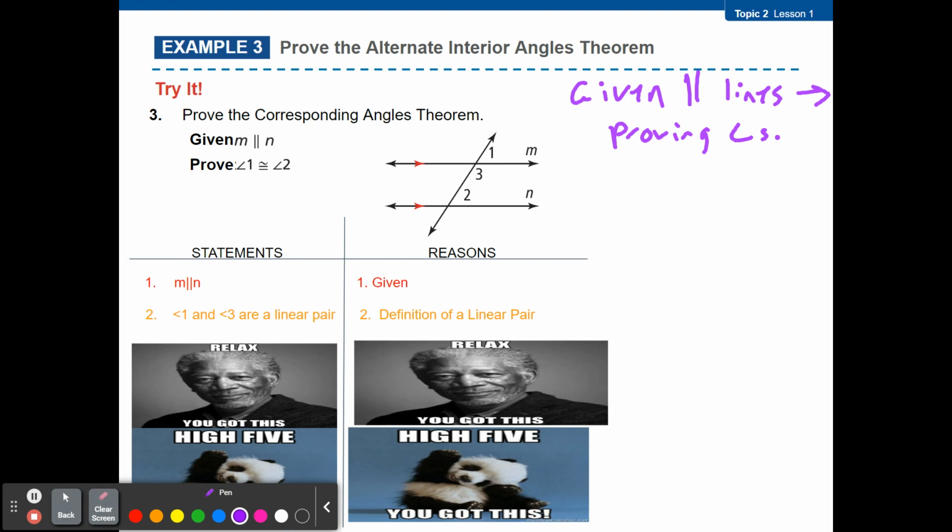Okay, so if I have a linear pair here, what do I know about the measure of angle 1 and the measure of angle 3? They're not congruent. They're supplementary, right? So that's the next one. What else is supplementary here?